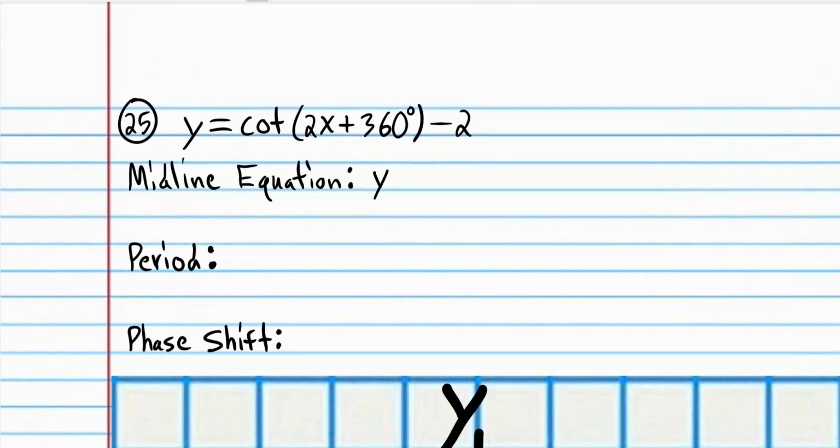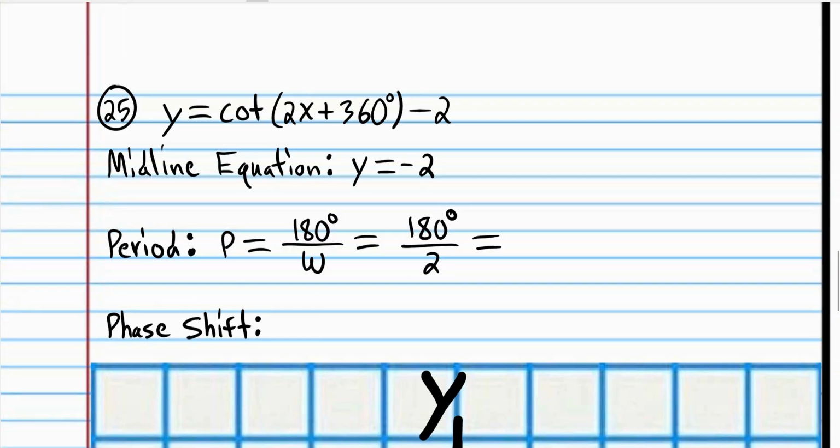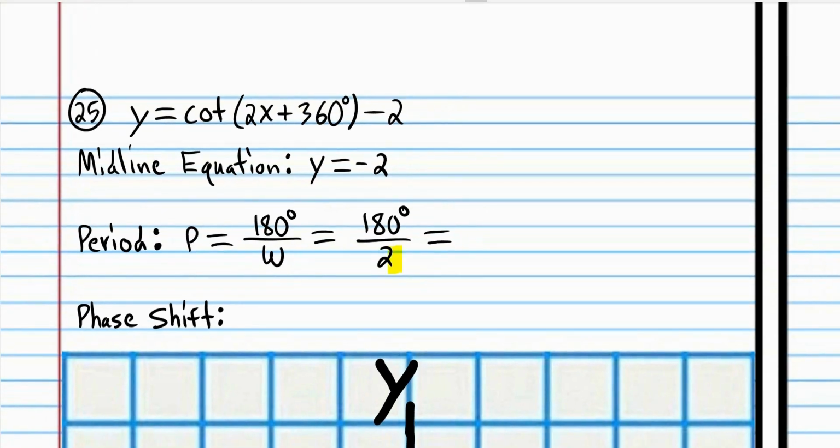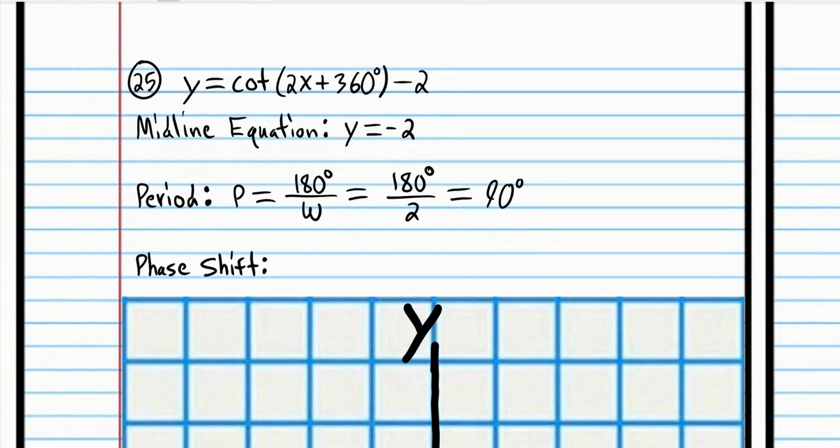Okay, we're back. So the equation of the midline is y equals negative 2. The period is equal to the normal period of the cotangent curve, which is 180, not 360, divided by omega. And omega is not a fraction this time, it's just that 2 there. So we got that from there. And so the period is actually 90 degrees, so the period actually got smaller in this problem.